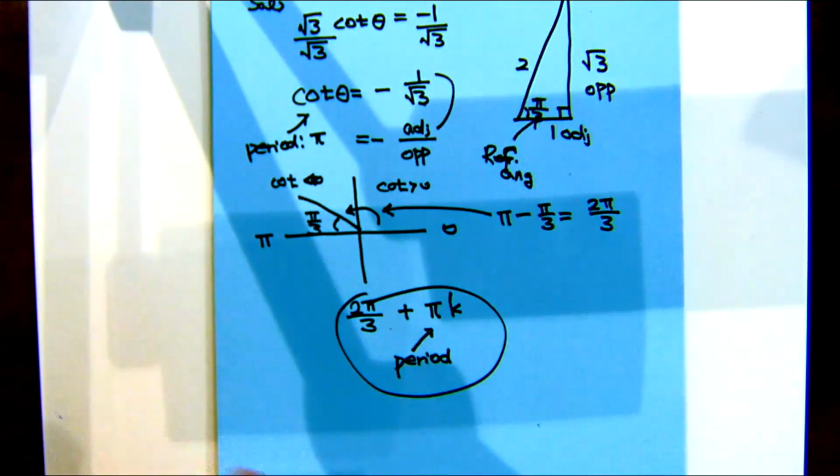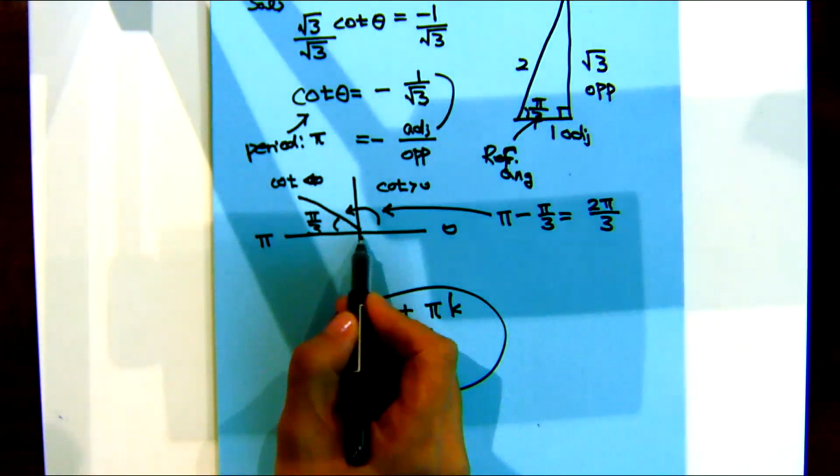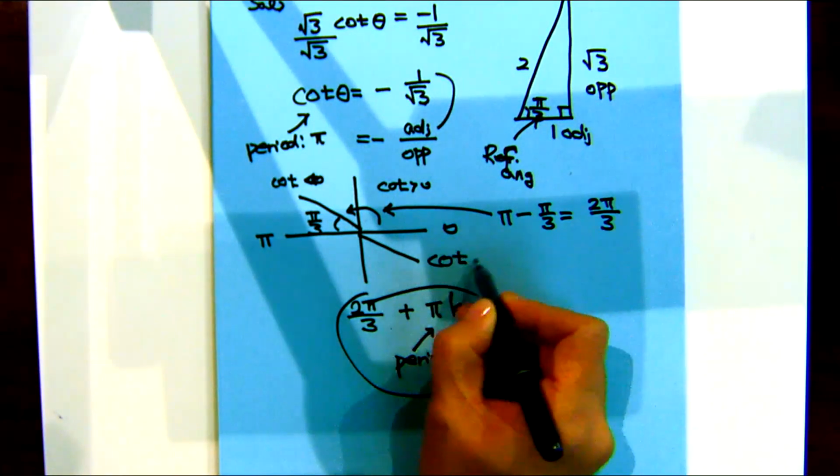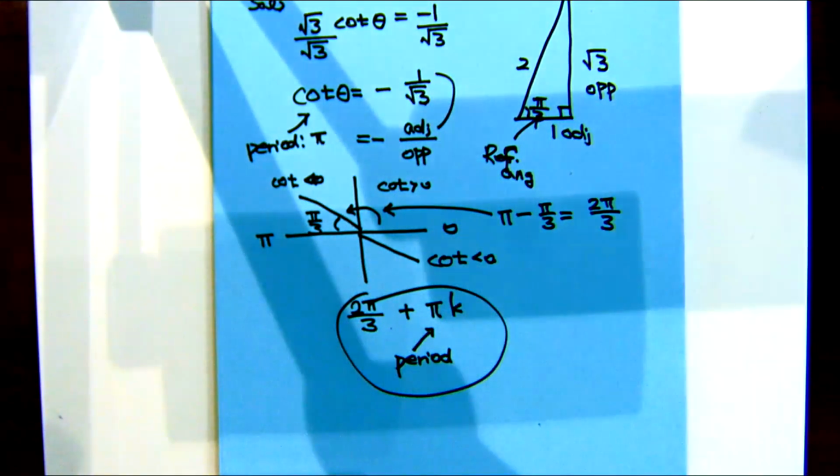When we look at the quadrant, if we just add the angle which satisfies the equation, then obviously cotangent is negative in the fourth quadrant.